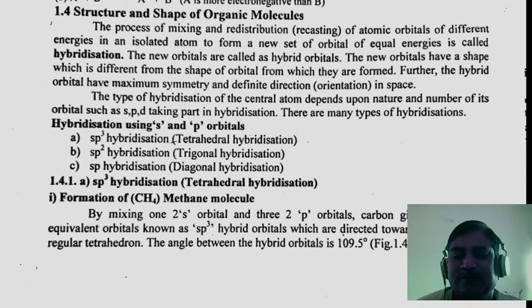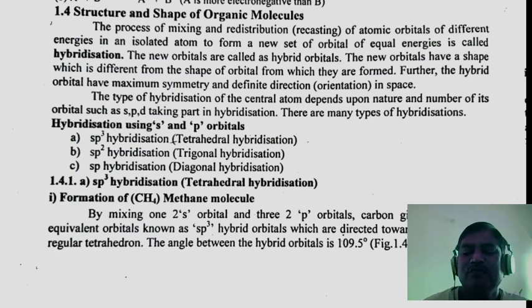Look here. One s orbital and three p orbitals are used, which means the total atomic orbitals used in this mixing process are four. That is, one 2s and three 2p orbitals are mixed with their different energies so as to give four sp3 hybrid orbitals with equal energies, and the overall process is called sp3 hybridization.